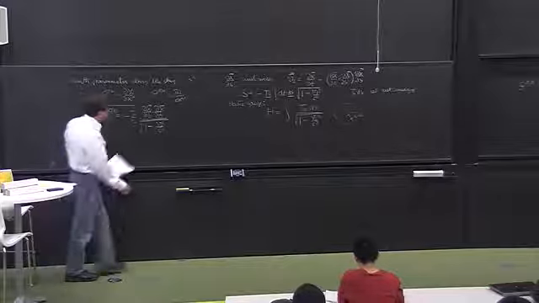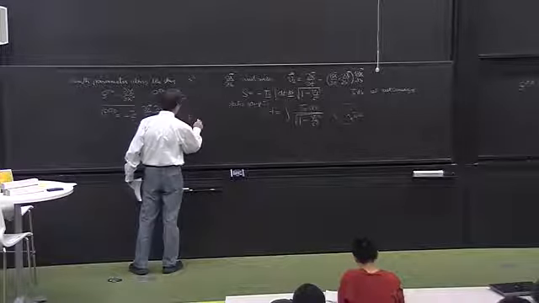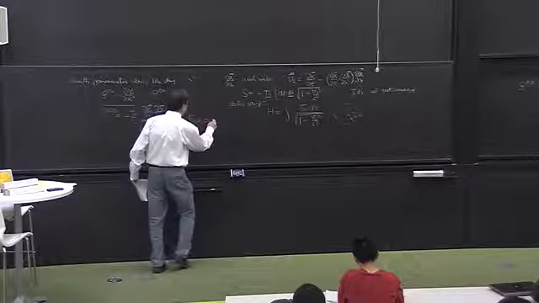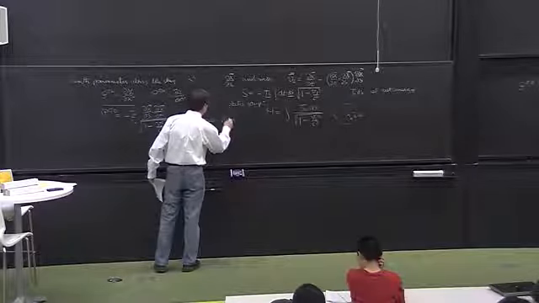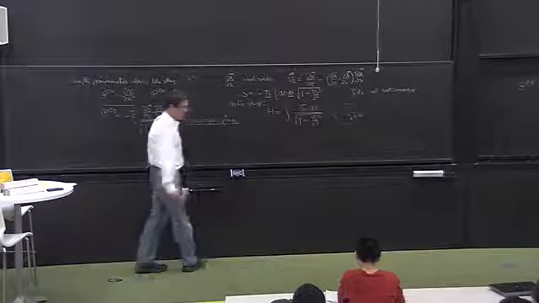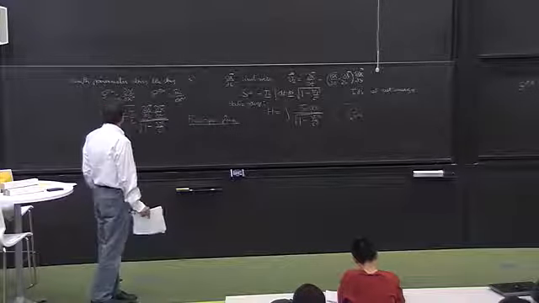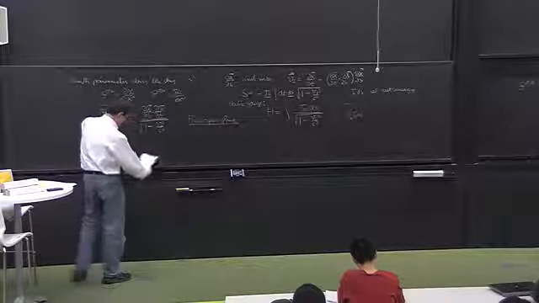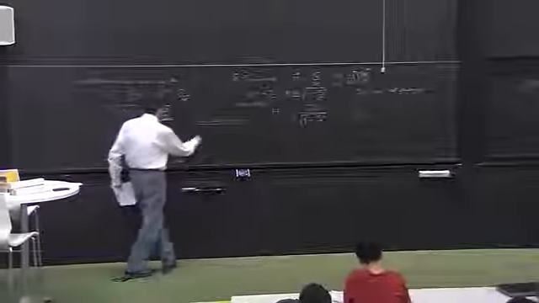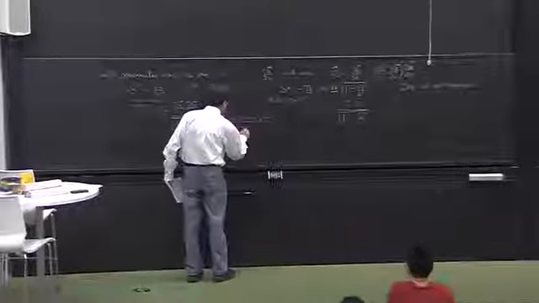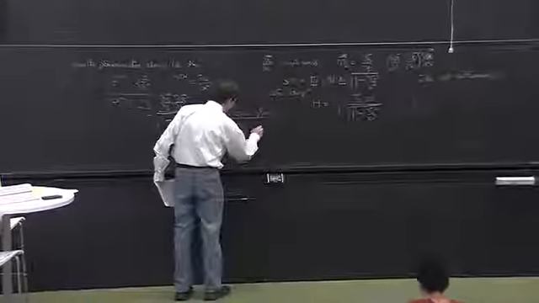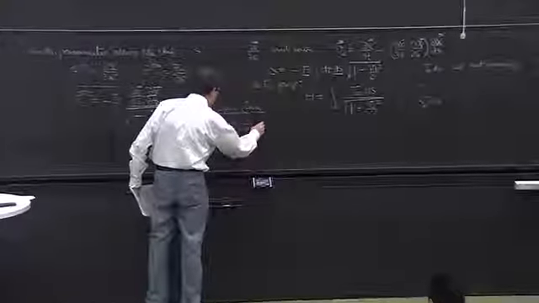So if you have a totally free open string, all endpoints are free. To begin with, you must have that P sigma 0 at any time at the endpoints must be 0.